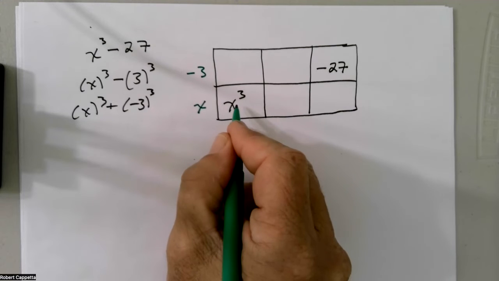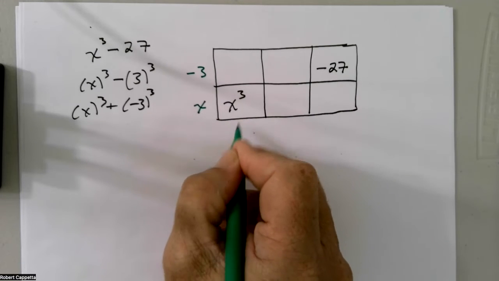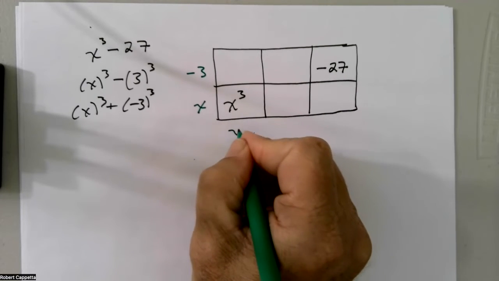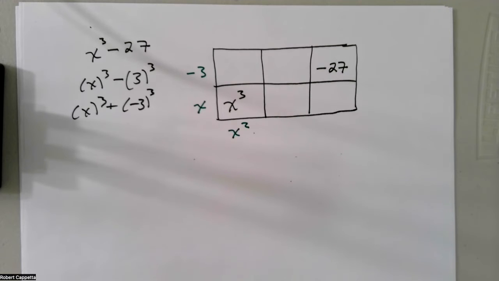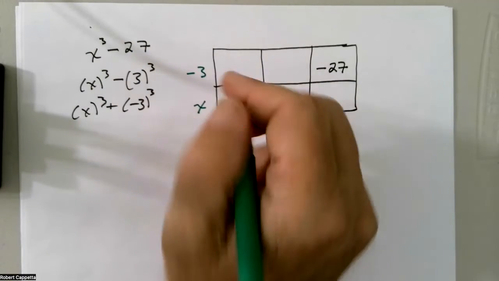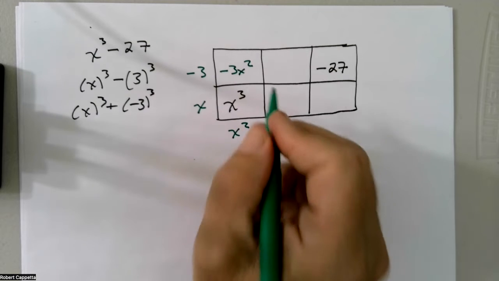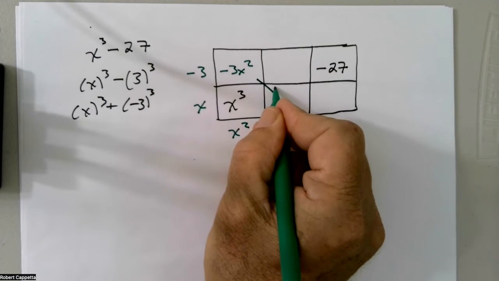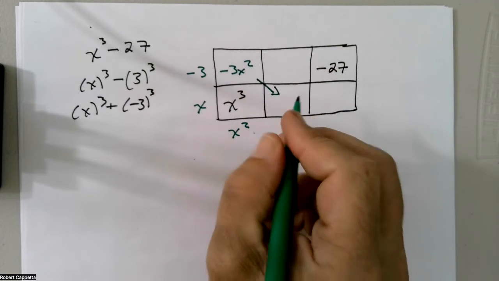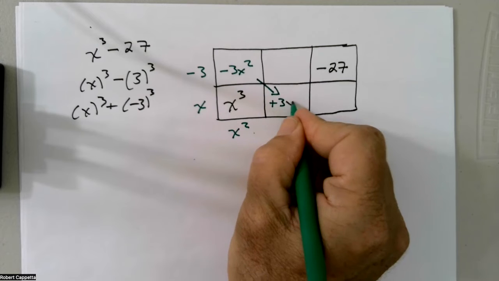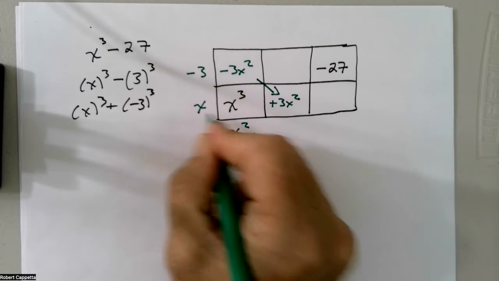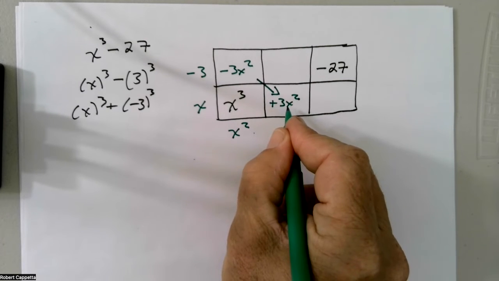X times what is x cubed? X times something is x cubed. X times x squared is x cubed. And we have negative 3 times x squared is negative 3x squared. I need those to disappear. So how do I turn that into a 0? I need positive 3x squared. X times what is positive 3x squared?